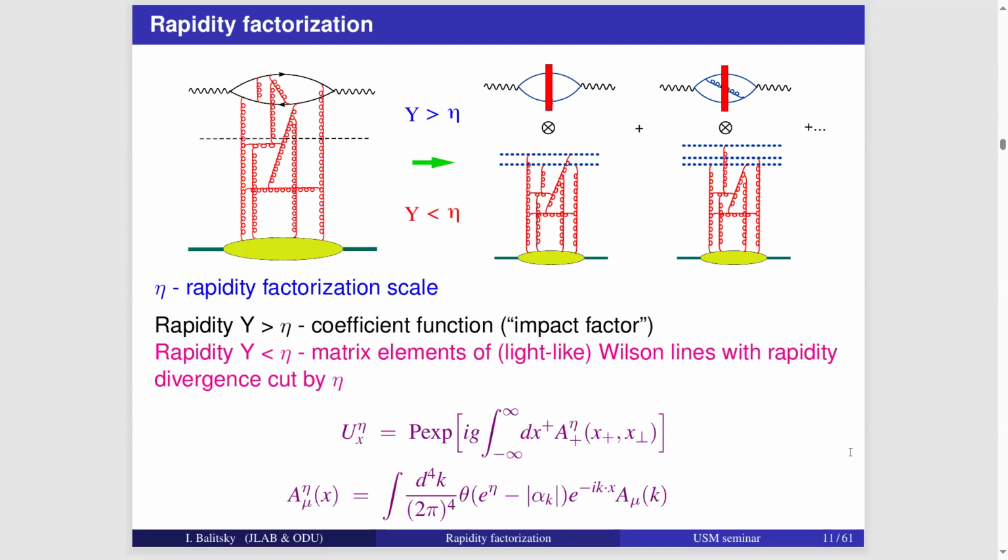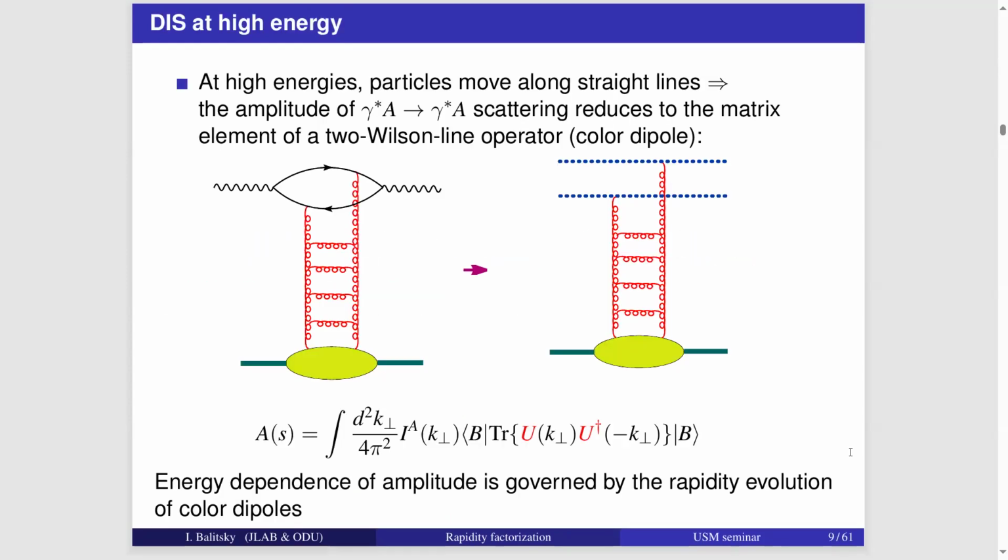To this end, let me return a little bit back and tell you that this picture has in mind the frame of the target. The projectile is very fast, the target is sitting in its place, and you have two very long propagations of quarks along straight lines.